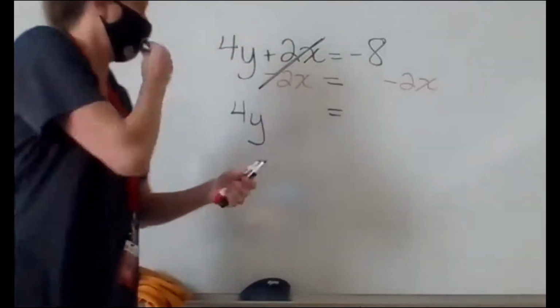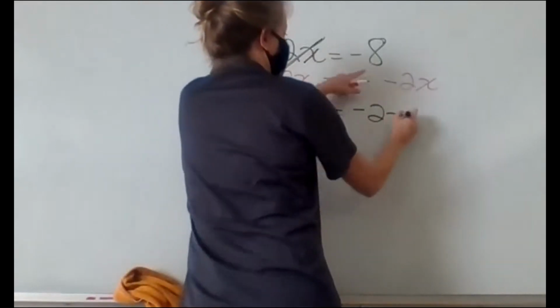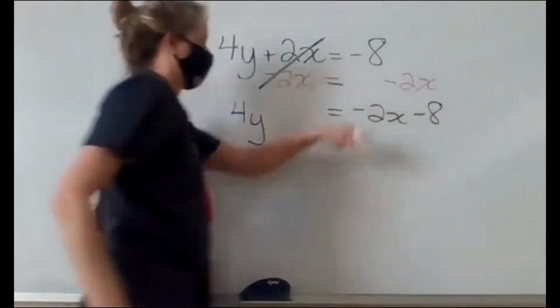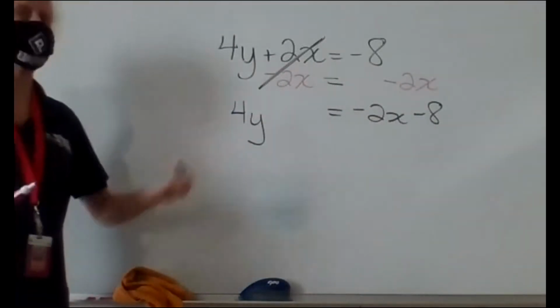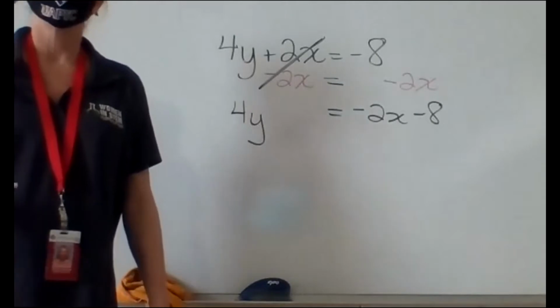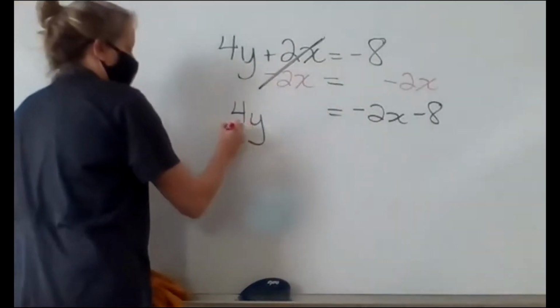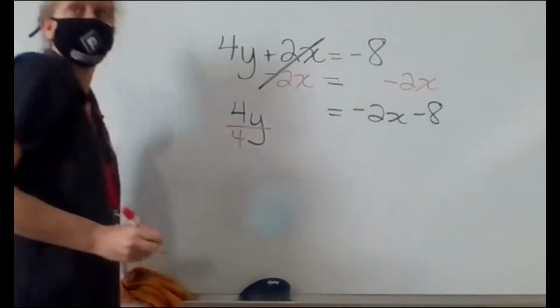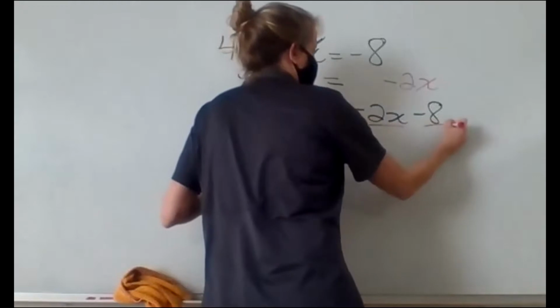Doesn't matter. Still working on getting the y equals. If there's a number hooked onto your y, you get rid of it by dividing by 4. If I do it here, I got to do it to all this.